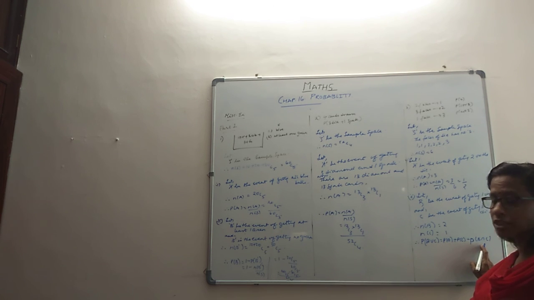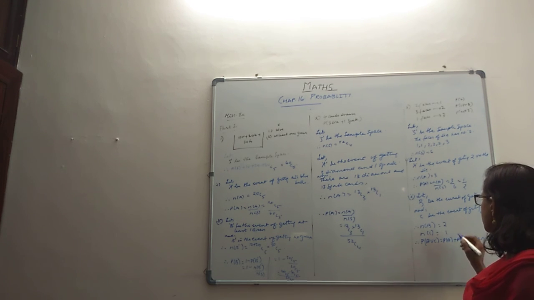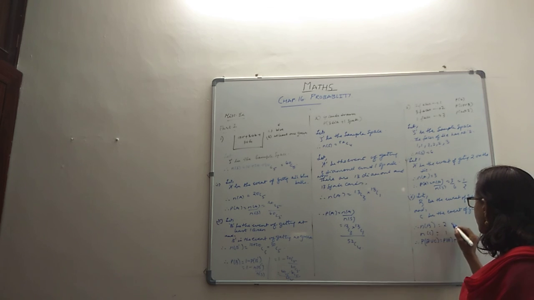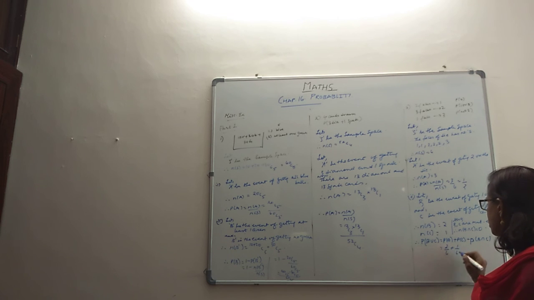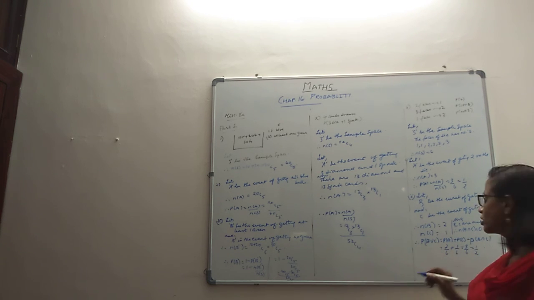So the intersection will be 0. Therefore n of B intersection C is 0. So it is 2 by 6 plus 1 by 6 minus 0, which is 3 by 6, which is half.